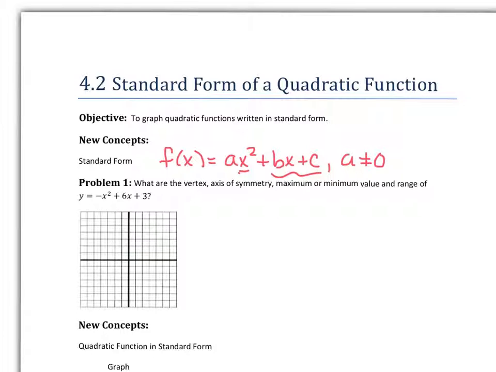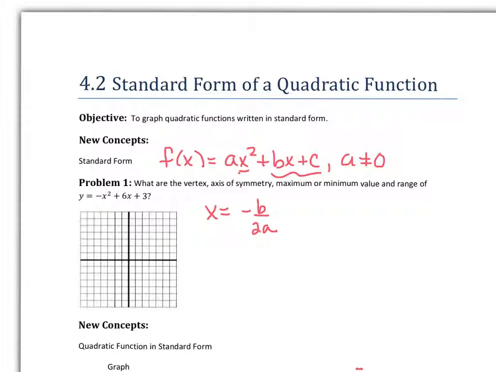Problem 1 says, what are the vertex, axis of symmetry, maximum or minimum value, and range of that equation? What I'm going to do here is find our vertex. How you do that is you first use the equation x = -b/2a. That's going to give us our axis of symmetry.